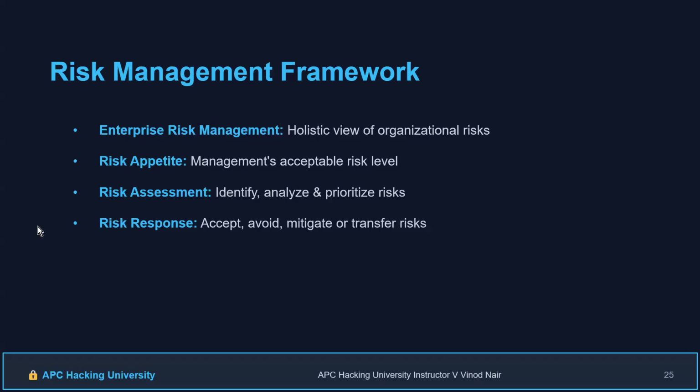So your SOC 2, what does it say? SOC 2 deals with the five trust service criteria. It will show whether the controls are effective or ineffective based on the five trust principles.